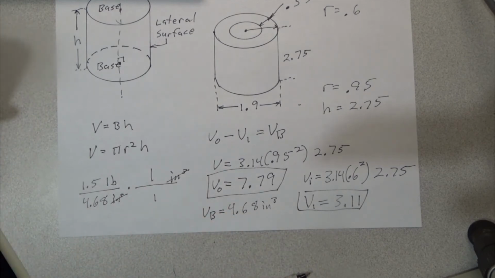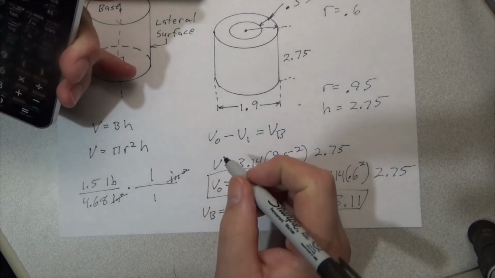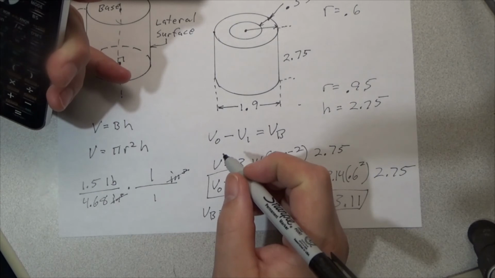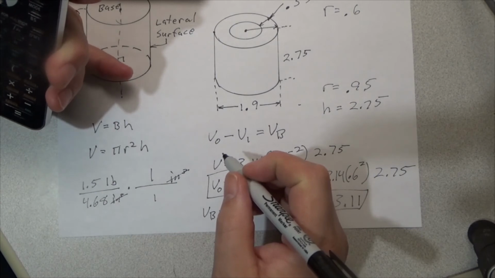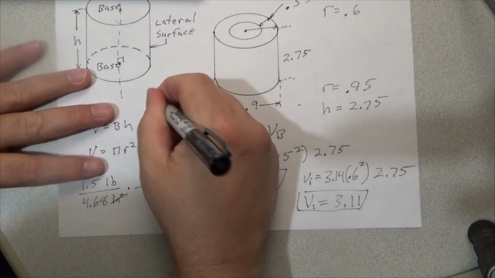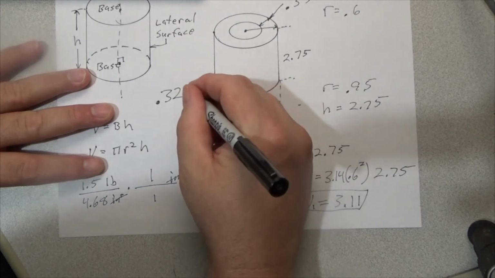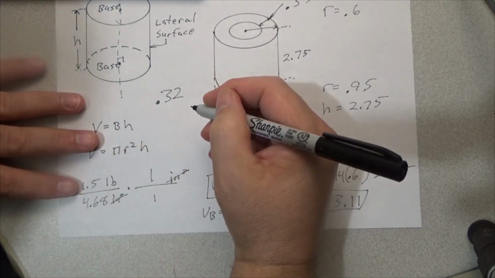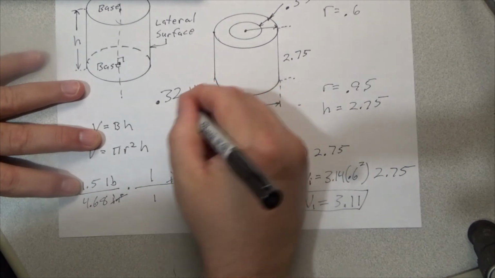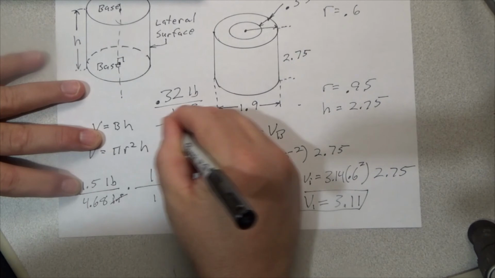So 1.5 divided by 4.68 is 0.32 pounds per 1 inch cubed.